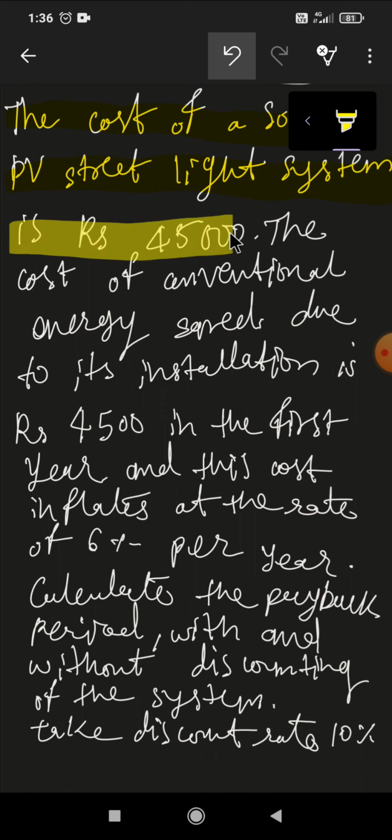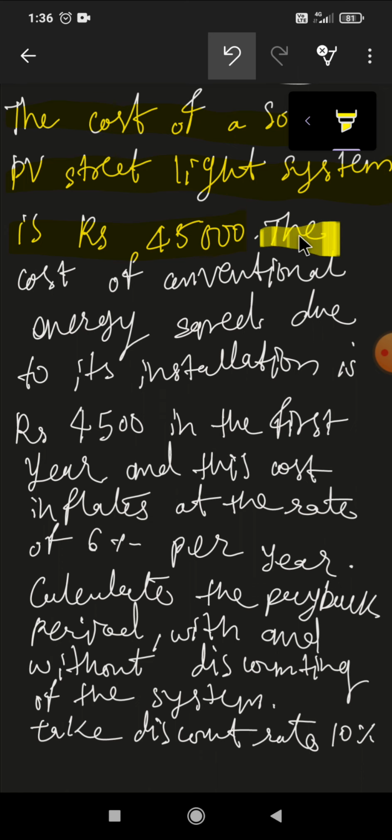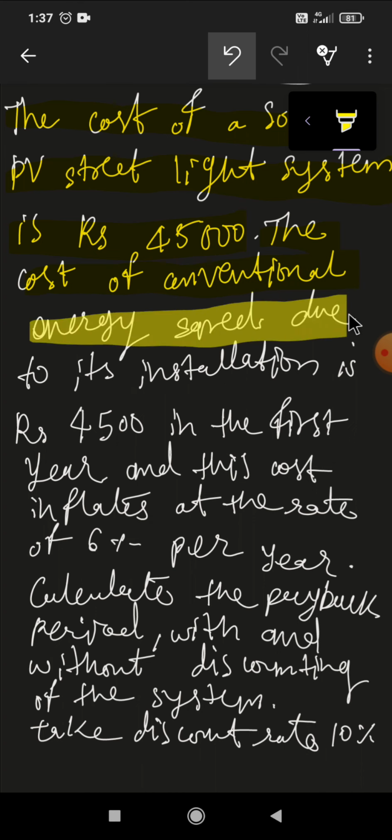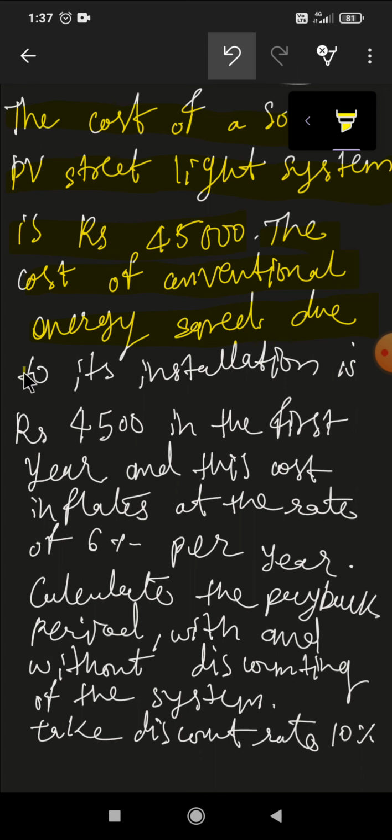The cost of conventional energy saved due to its installation is rupees 4,500.